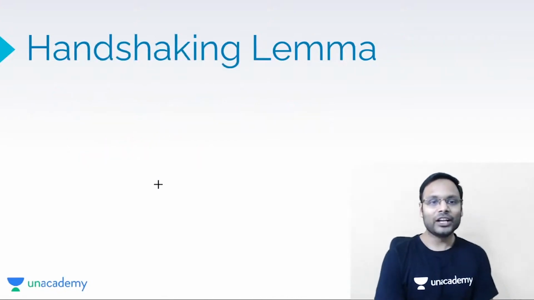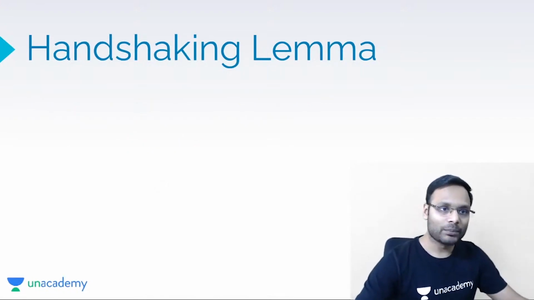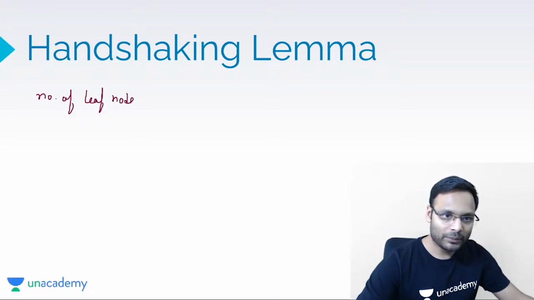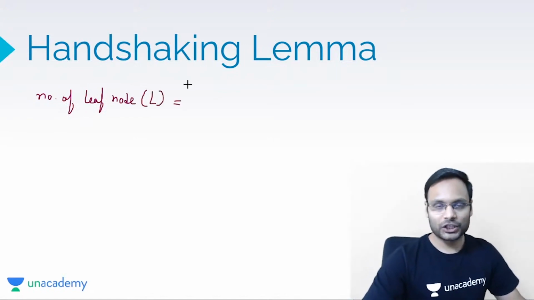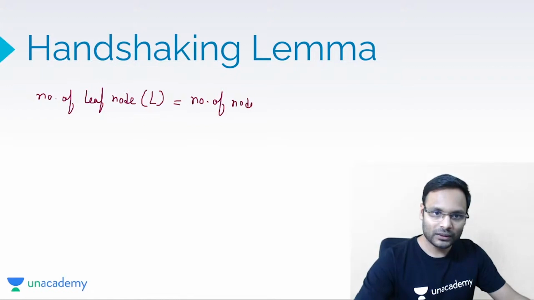Now in the binary tree handshaking lemma, if you remember, it's a very simple thing. Number of leaf nodes, which we represent as capital L in our program, is equal to number of nodes with 2 children, which we represented as I2, plus 1.